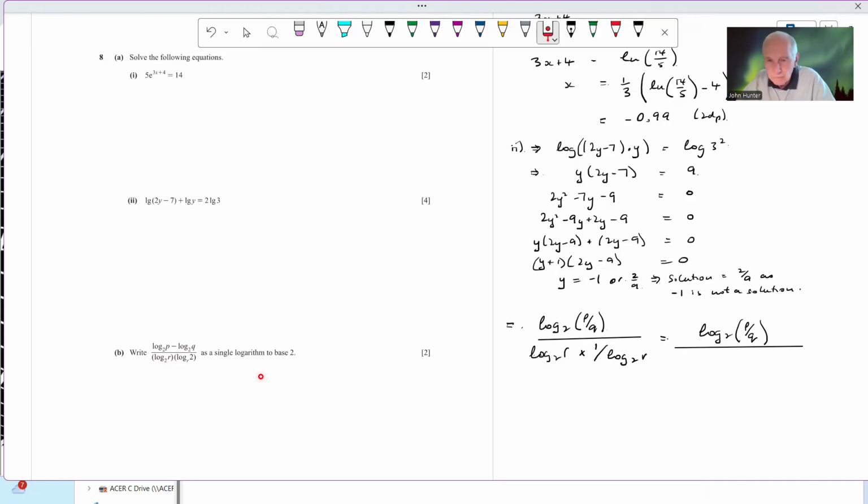It's just the inverse, and therefore these cancel with that, and we're just going to end up with the numerator, log base 2 of p over q.